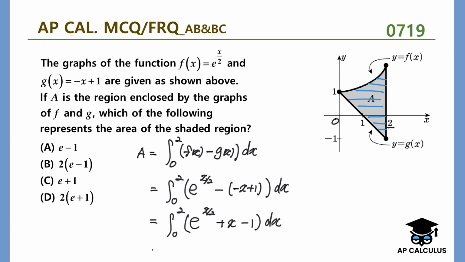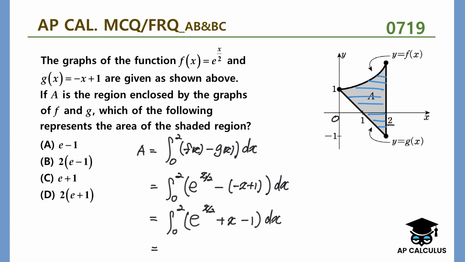So this is equal to, what's the antiderivative of e to the x over 2? That's 2 times e to the x over 2, right? You can use substitution to find the antiderivative of this function, e to the x over 2. Plus antiderivative of x, that's x squared over 2, minus x, from 0 to 2, right?